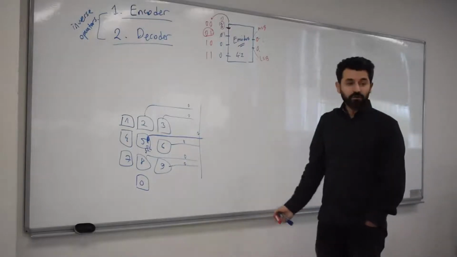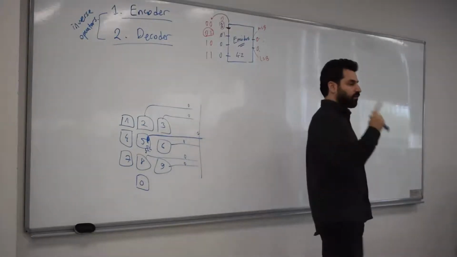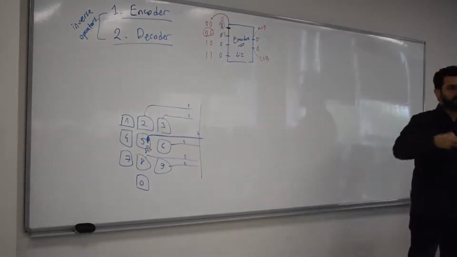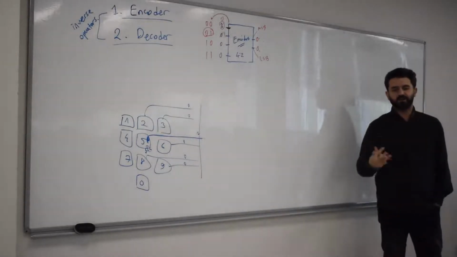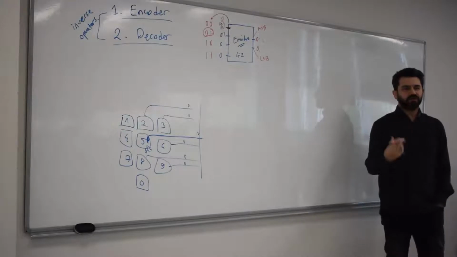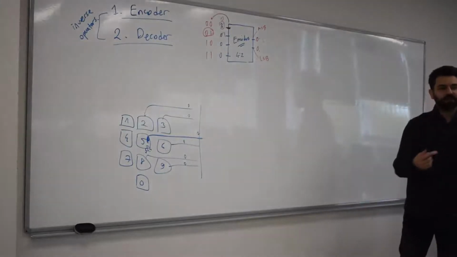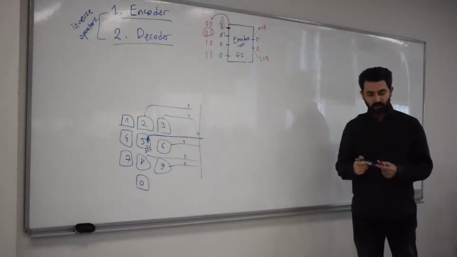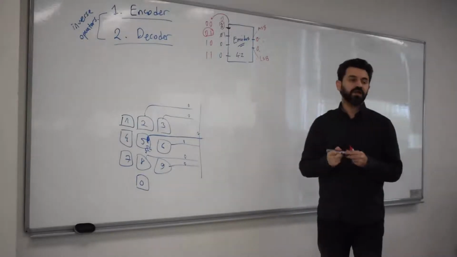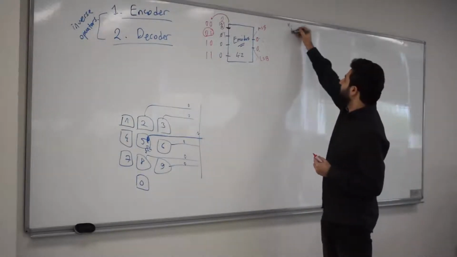I also talked about one more thing in our online meeting. I'm trying to create a summary of what we have already talked about, just to refresh your mind. The second thing I talked about was, again, an encoder, but with a special name: the priority encoder.